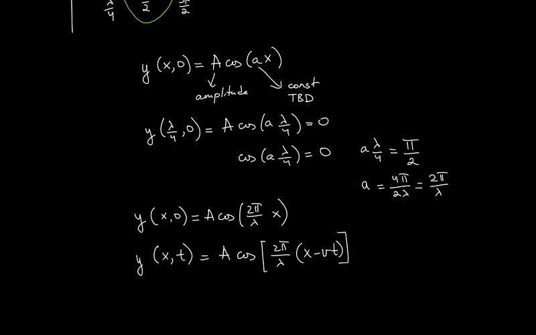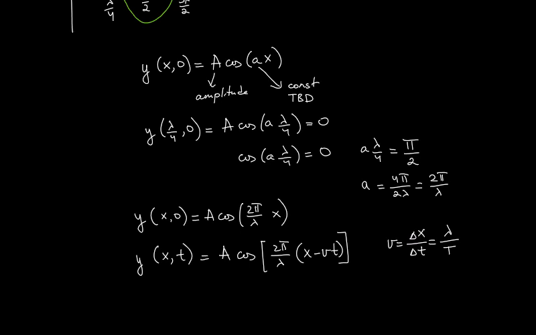We can find v equals delta x over delta t. If we consider delta x to be the whole wavelength, then the whole wavelength takes one period to pass.